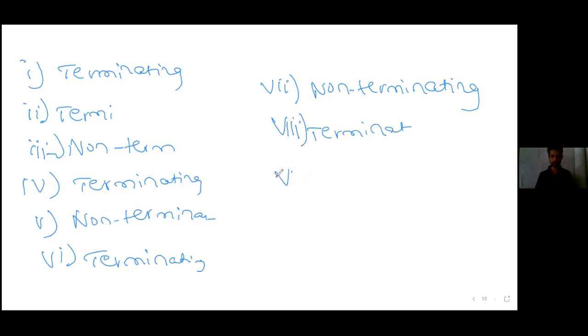And ninth one is terminating. And 10th one is non-terminating.